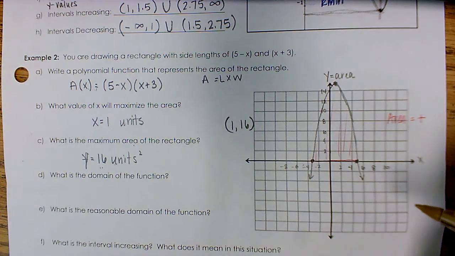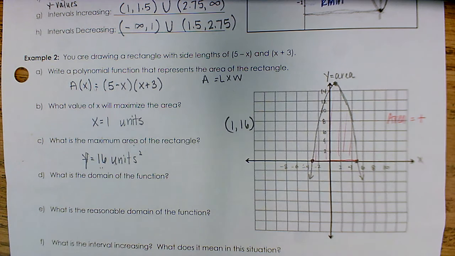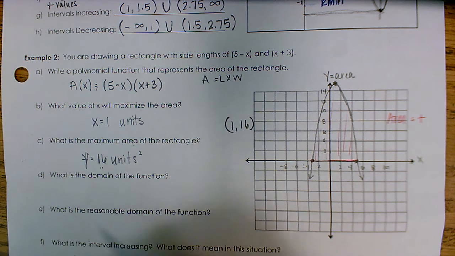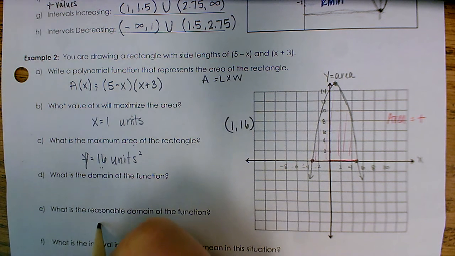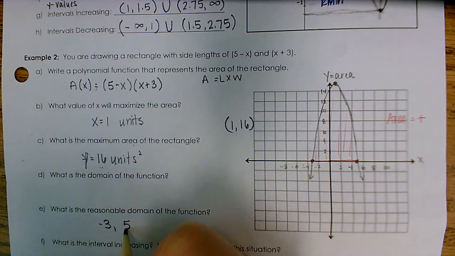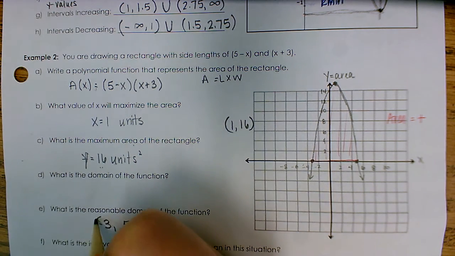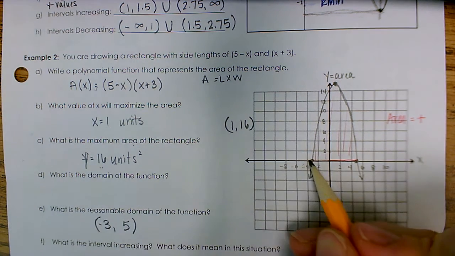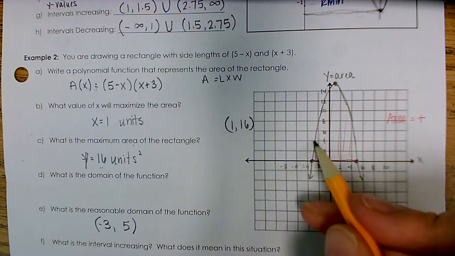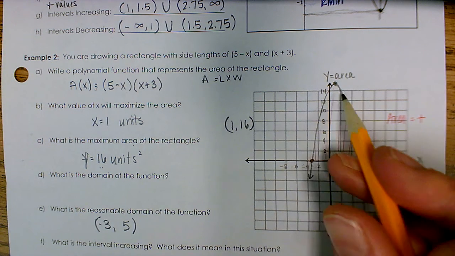Keeps it positive. So a reasonable domain would be from -3 to +5. And we're not including those because we don't really want an area of 0, right? So we're going to go anything above this, anything above this. So anywhere in here makes it positive.